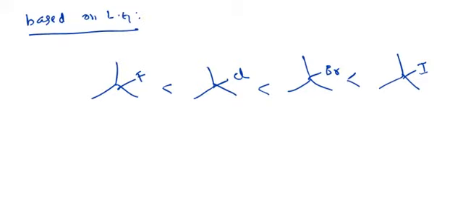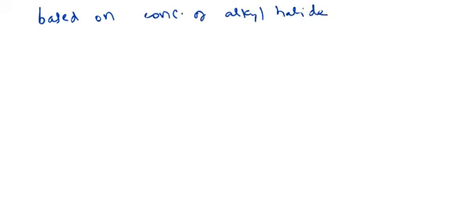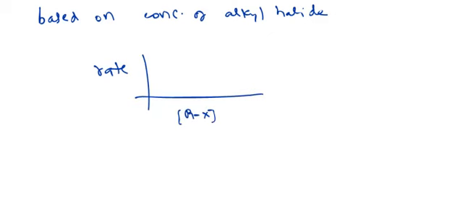Next, based on concentration of nucleophile or concentration of alkyl halide. The rate only depends upon the concentration of alkyl halide, so it doesn't depend on the concentration of nucleophile.